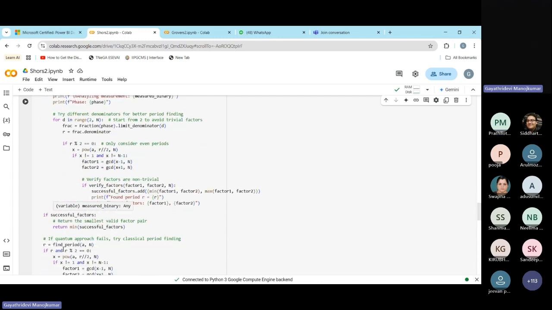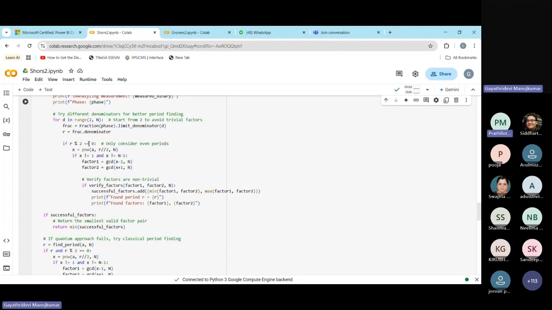We also check, once we have found the period, that we have avoided the trivial factor. So the fraction-of-phase method will be called and the trivial factor will be avoided, and we check whether the period is even, as per Shor's algorithm.